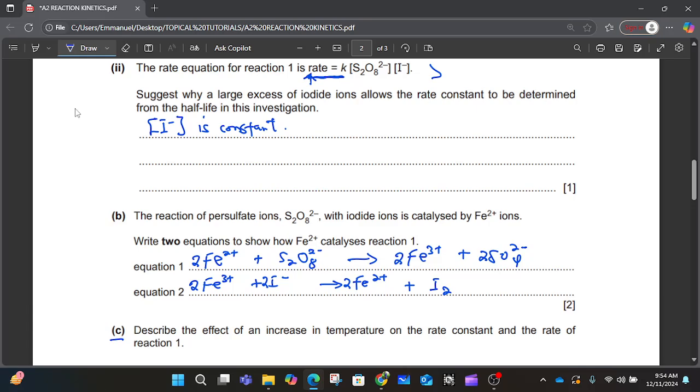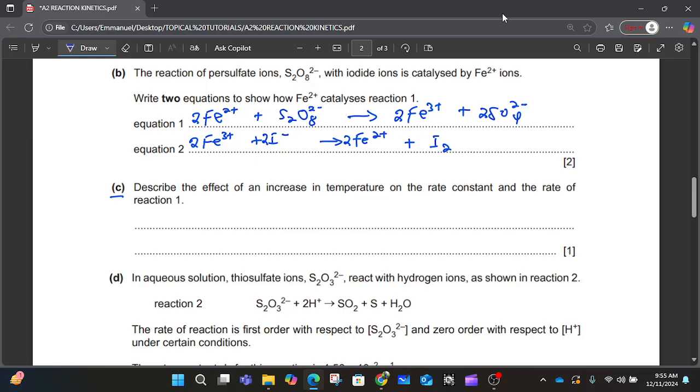And once the rate of a reaction is increasing, we can see that the rate constant will also increase, as there is a direct relationship or proportionality between the rate and the K. So we can say that both rate and rate constant increase.